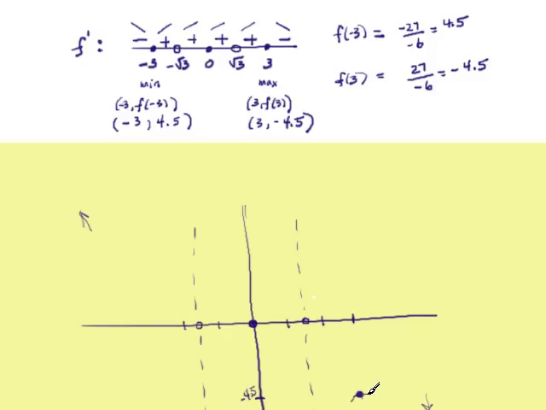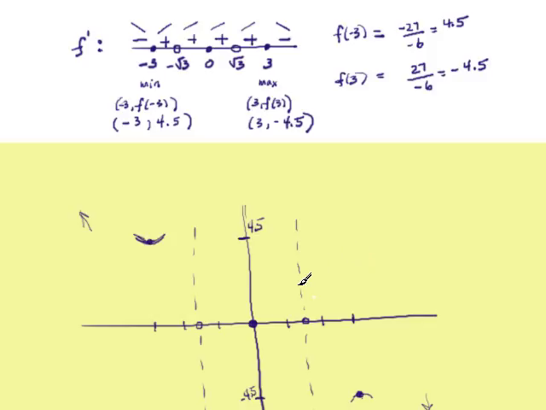So that's a max. And then we have a min at minus 3, minus 4.5. That's 1, 2, 3, and let's say that's 4.5. So that's a min. So we'll put that in.